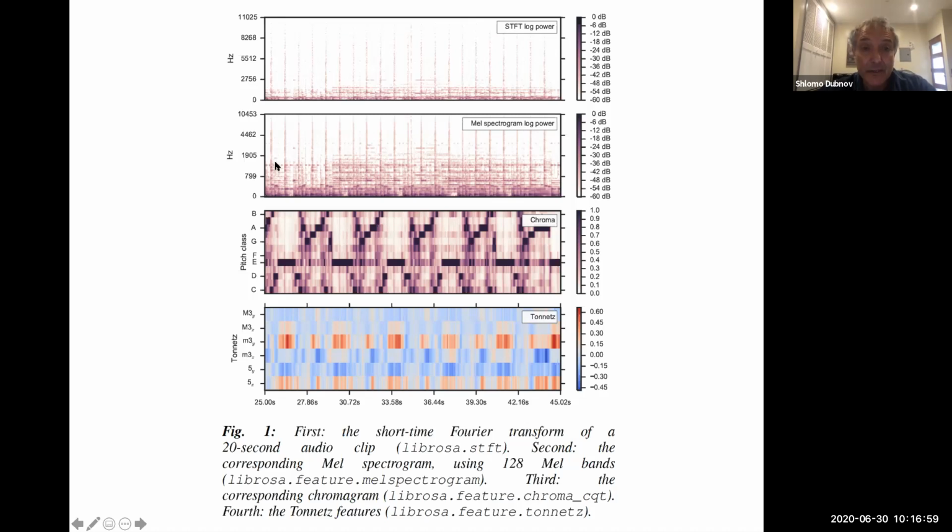This is not cepstrum, this is Mel spectrum. It's just the spacing is recalculated in ways that correspond to the Mel scale. This is the chromagram. This basically wraps everything into these 12 bins, with the legend here. The y-axis are actual notes.